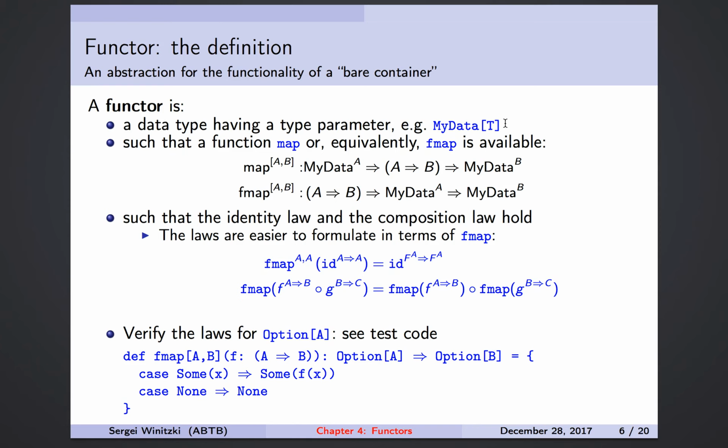Or you cannot abstract the functionality of a container if you don't first abstract the type of values to a type parameter. I mean, you can have a sequence of integers and you can say that's a container. It is, but it is not abstracted, and you cannot reason about its properties as an abstract container.